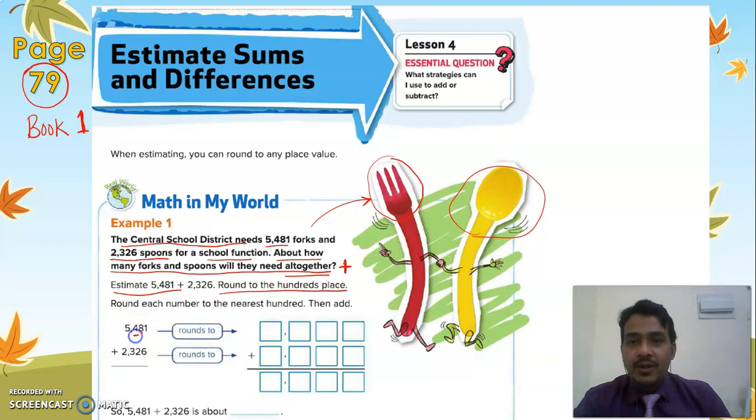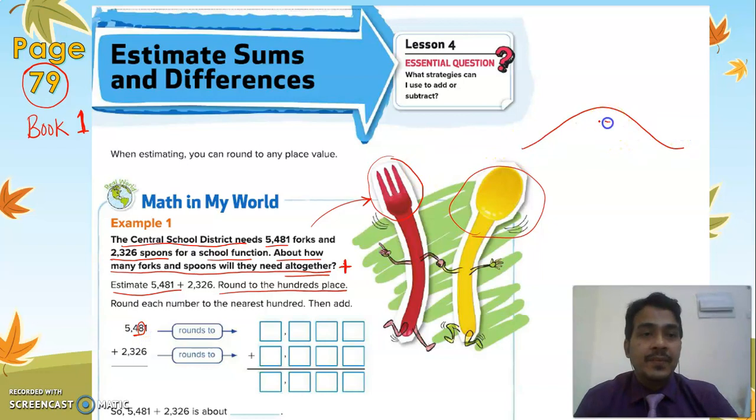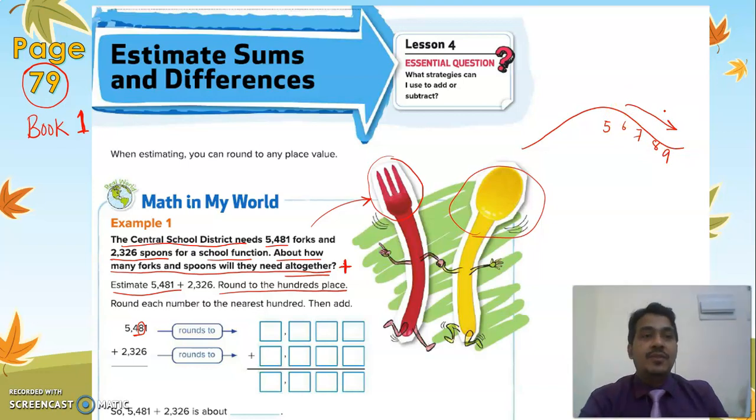Number 4. Check the number to the right. The number to the right is 8. Does the car go forward or backward? If the number is 5, 6, 7, 8, 9, the car moves forward, and we do plus 1 to the rounding number.